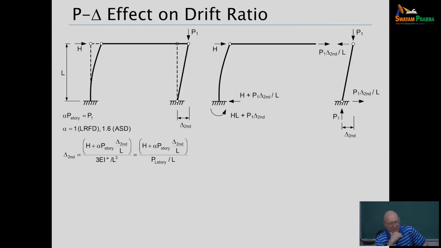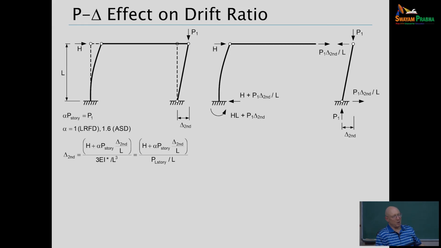So what did I just bring up here with these equations? I've got a delta second. Here in this example, P1 is alpha P story. P1 is the entire story vertical load. And you can see, okay, that's just my shear on the lateral load resisting system, H plus alpha P story times delta second over L, right?